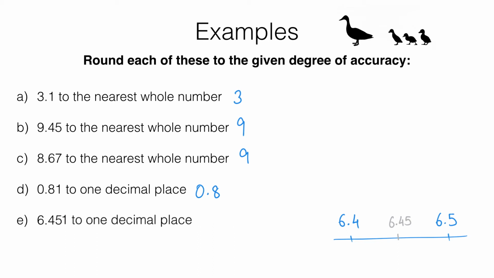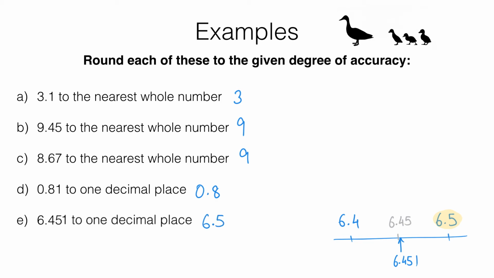So it's one tiny little bit further along than 6.45. So 6.451 is to the right of this halfway point, which means it's closer to 6.5 than 6.4. So to one decimal place, or to the nearest tenth, it is 6.5.